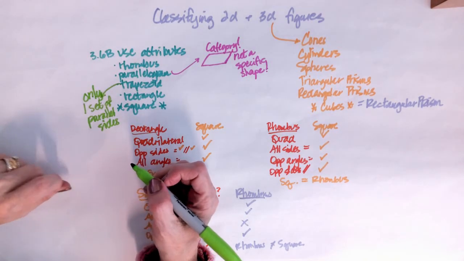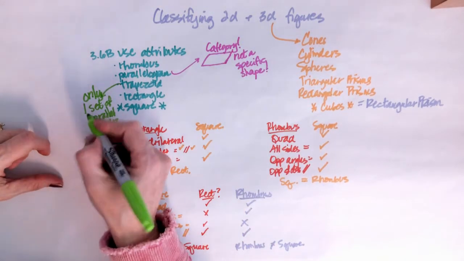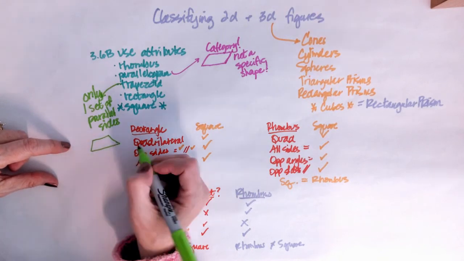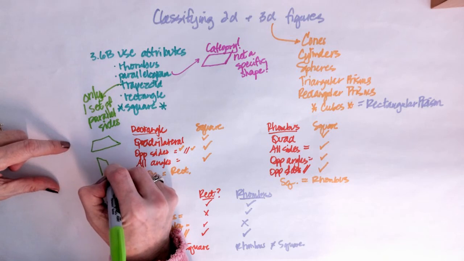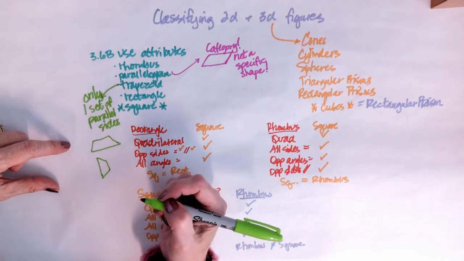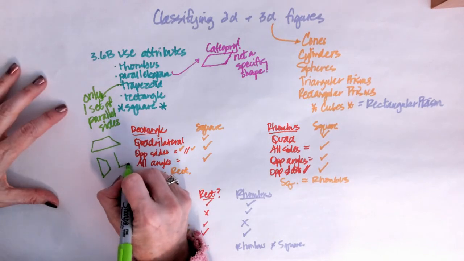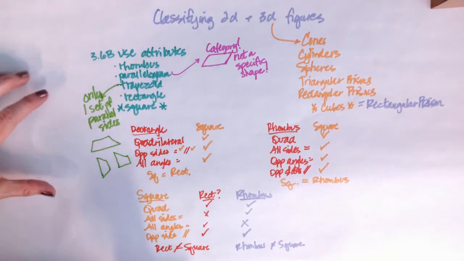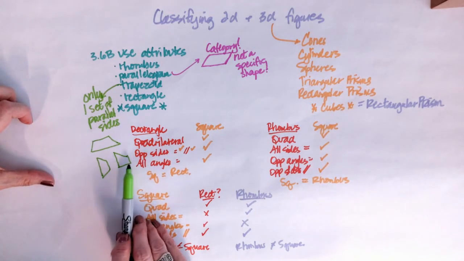So a trapezoid, again, is not only going to look one specific way. A trapezoid can look like this. It can also be rotated and look like this. Or it can be a right trapezoid and look like this, because one set only of parallel sides exists.